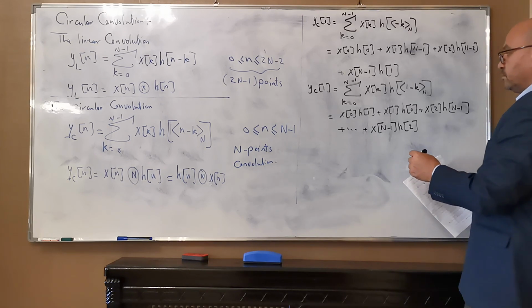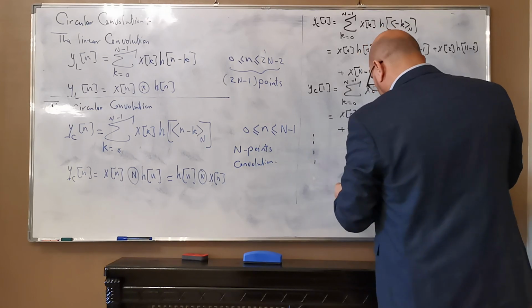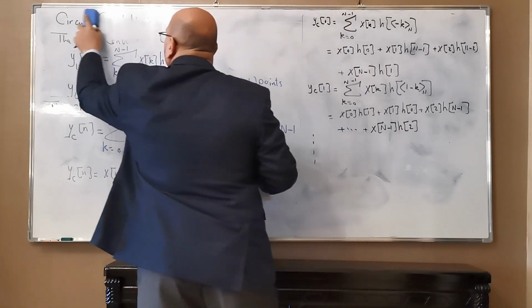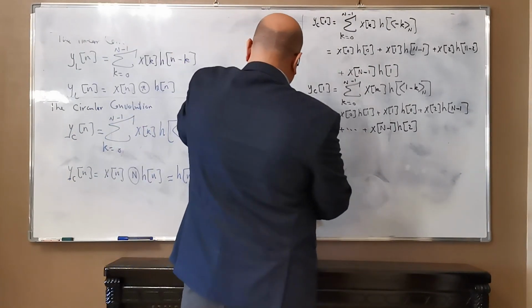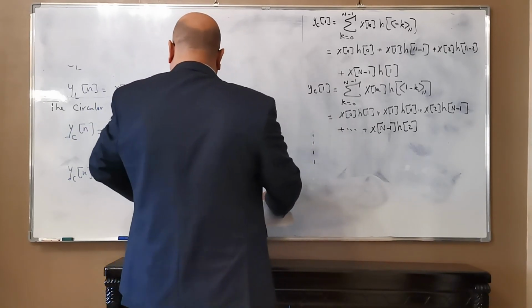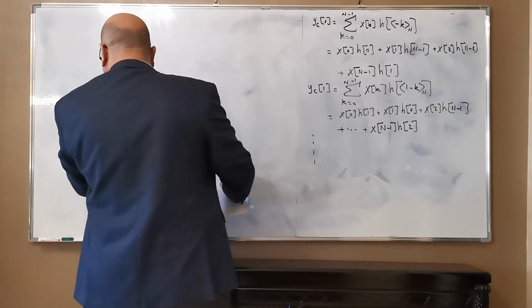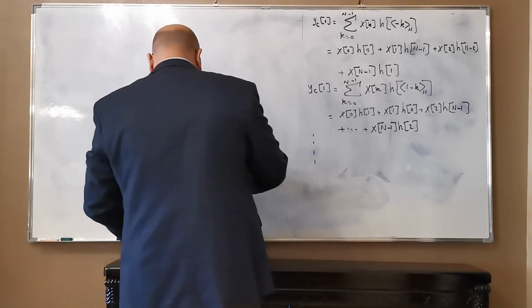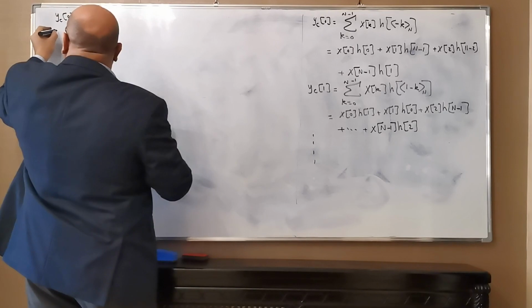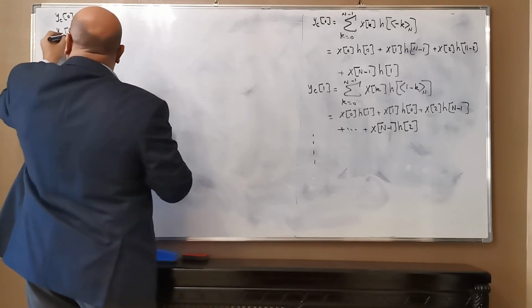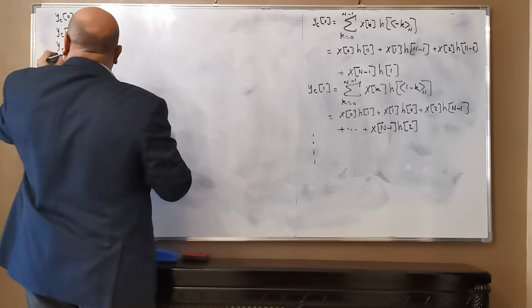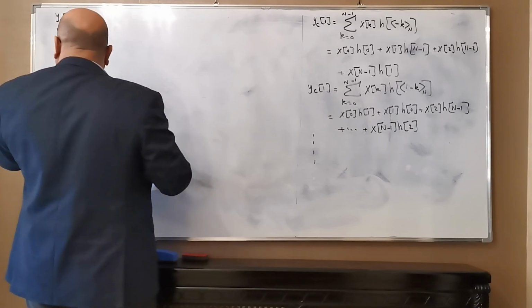So if we keep doing this, we will end up with some matrix form. So we'll have yc of 0, yc of 1, yc of 2, up to yc of n minus 1.